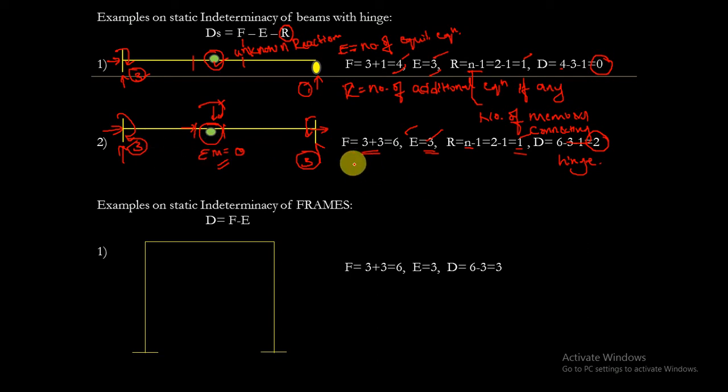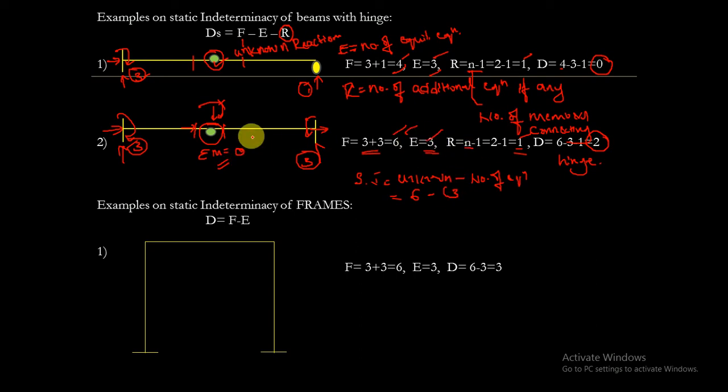Okay, what is static indeterminacy? Static indeterminacy is nothing but unknown reactions minus number of equations. That is, unknowns here in this structure is 6, and we have 3 equilibrium equations.